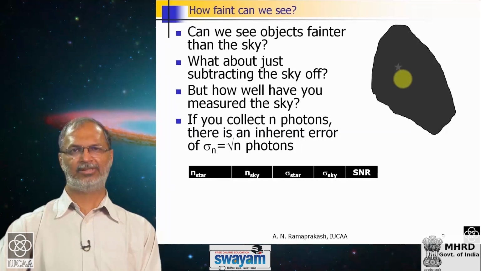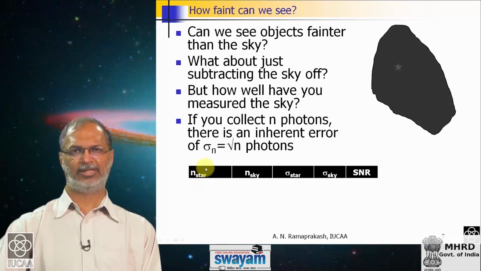So, let us try to understand this a little bit more. I make a table here. The first column of the table, I will put some numbers corresponding to the number of photons collected from the star. In the second column is the number of photons coming from the sky. What I call sky here is all the light coming from any source other than the star.